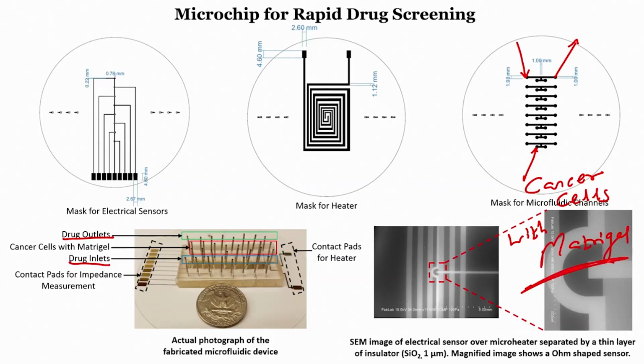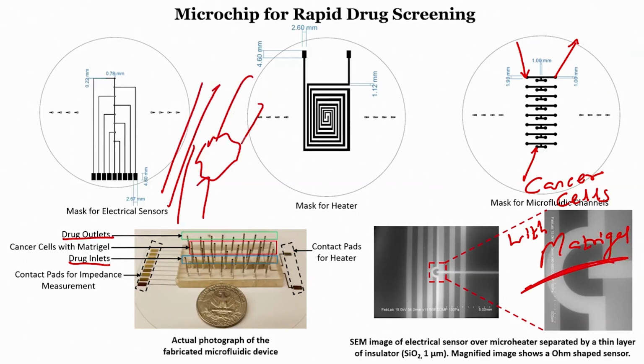What is matrigel? Any cancer, when we see a cancer, is always surrounded by ECM, extracellular matrix. Any cancer is surrounded by extracellular matrix.